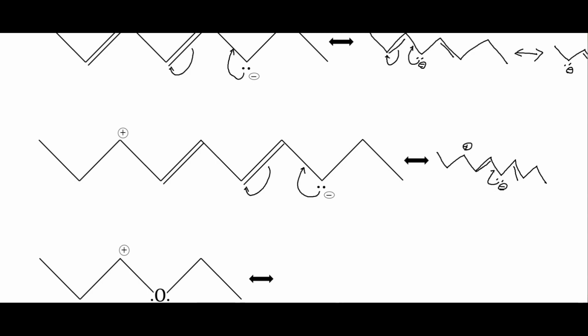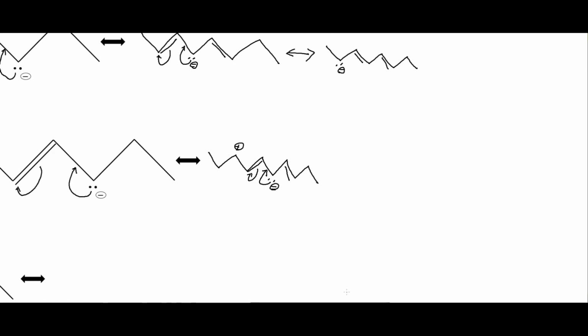This will collapse down, that will go up there. And so now we have a third resonance structure. So we go like this. And so 1, 2, 3, 4, 5, 6, 7, 8, 9, 10. So now we have this positive charge there. We have that negative charge there, this double bond right there, that double bond right there.